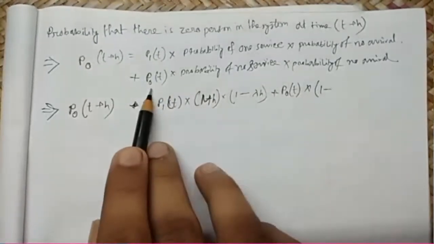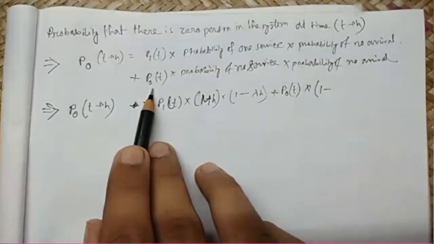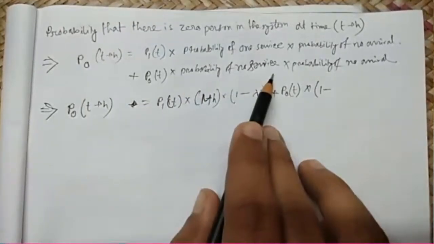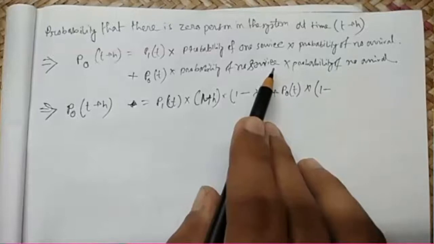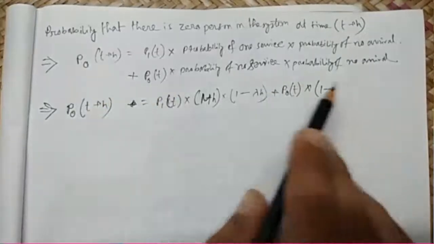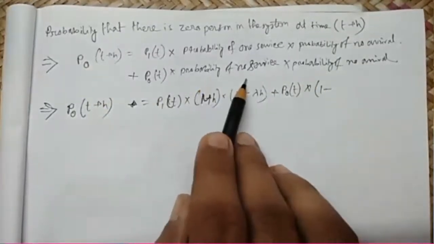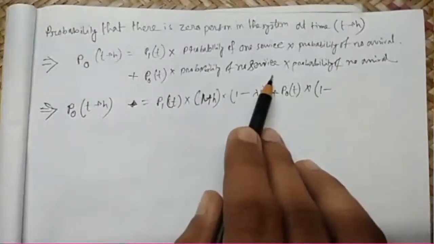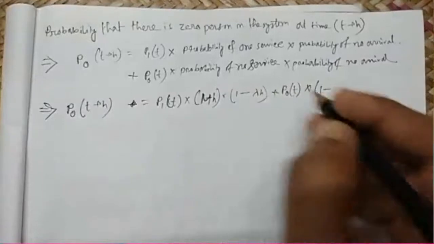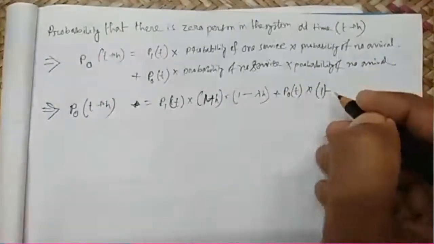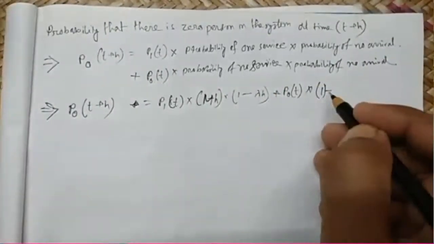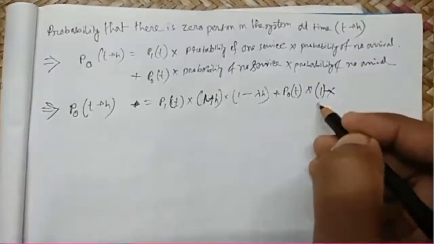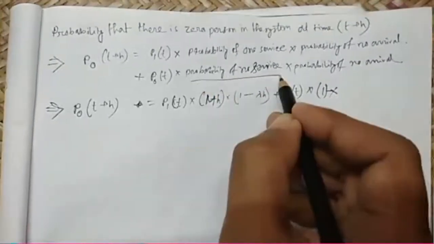If there are 0 persons in the system, then the probability of no service is 1, because there is no one to service, so absolutely there is no service.